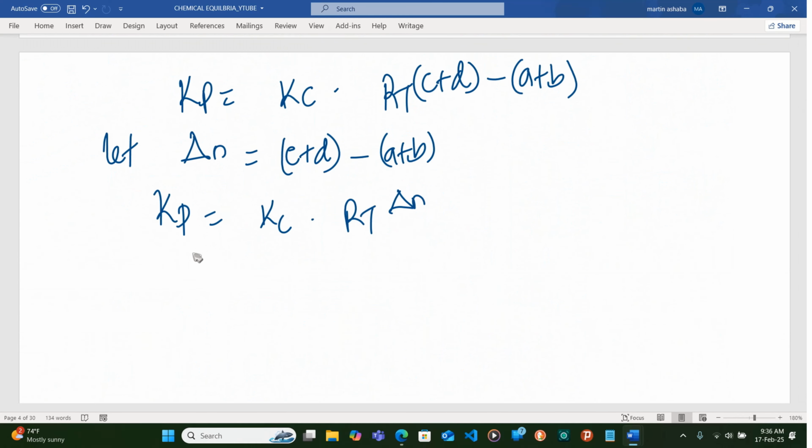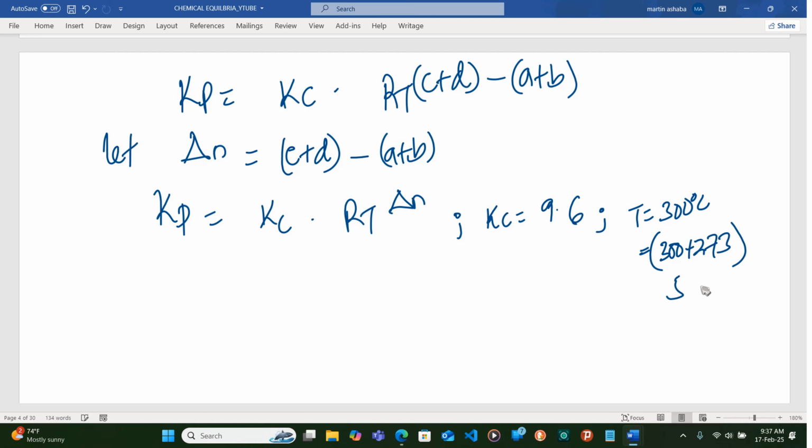So we already know that Kc is equal to 9.6, and the temperature is 300 degrees Celsius, and this is the same as 300 plus 273, giving us 573 Kelvin. So what about R?